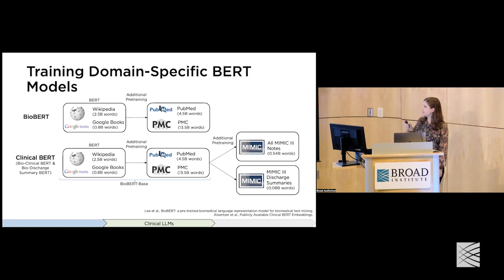And if you'll note here, the size of the MIMIC-III corpus is much smaller than both the PubMed and the general domain corpus. And this was really a motivation for why we decided to continually pre-train these models instead of training from scratch. There's simply just not enough publicly available data with a DUA to be able to train these from scratch so far.